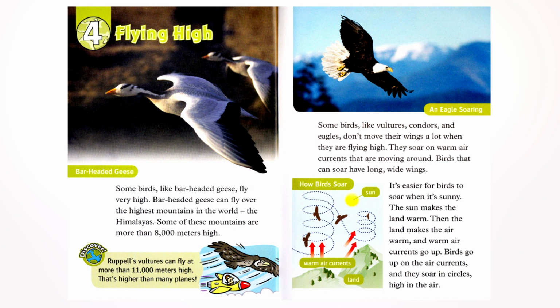It's easier for birds to soar when it's sunny. The sun makes the land warm. Then, the land makes the air warm, and warm air currents go up. Birds go up on the air currents, and they soar in circles high in the air.